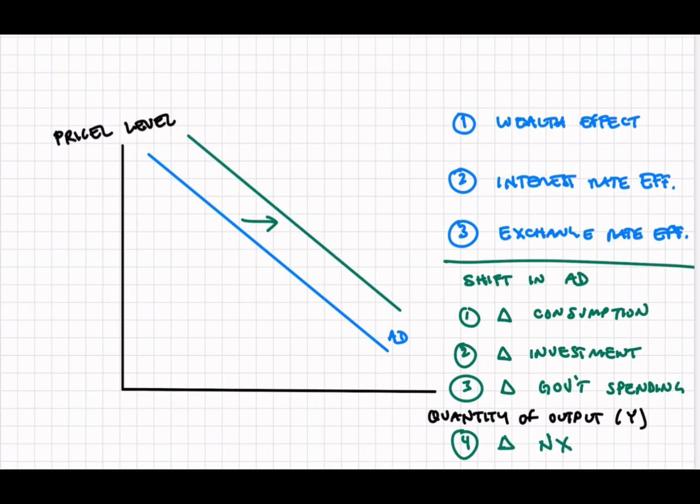So this would be the new aggregate demand. But if we have a set amount of output, we're not letting the output change, then that would just take the price level and raise it up, causing inflation. So this is where we can look at specific things, where we can look at three things that explain why the aggregate demand curve is downward sloping, and then four things that might cause the aggregate demand curve to shift.